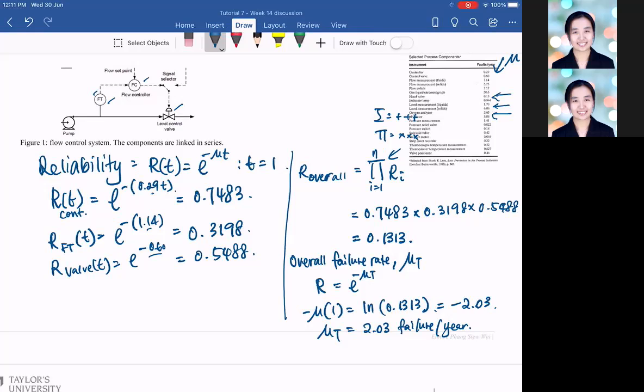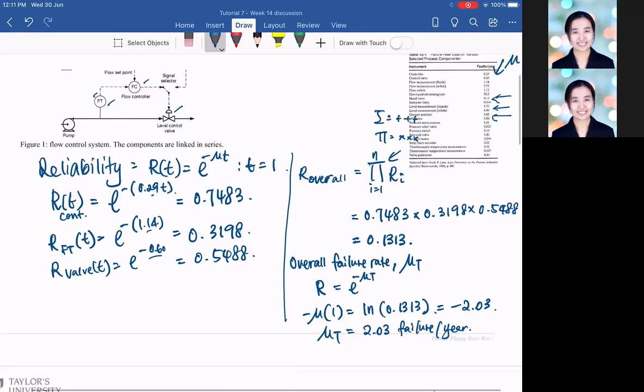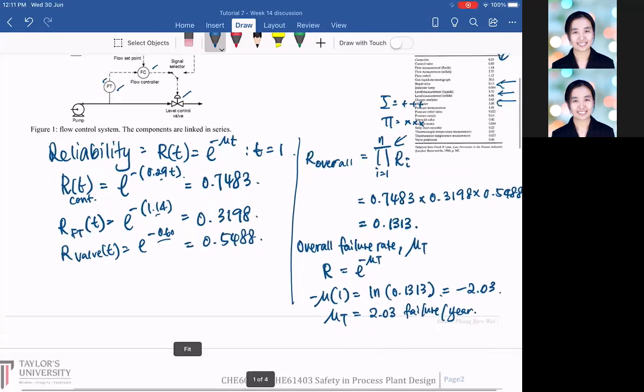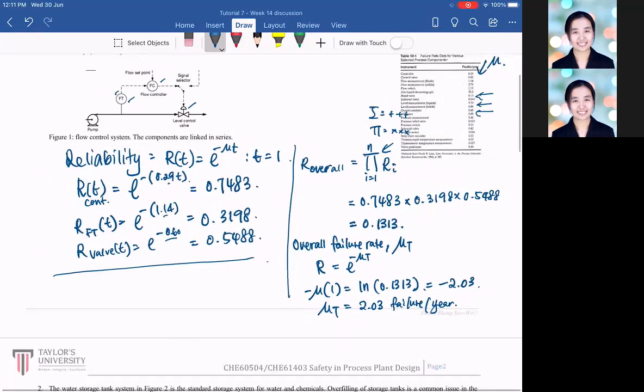Now we want to calculate the process unreliability of the year. Process unreliability is given as P total equals 1 minus R T, because unreliability plus reliability is 100%.